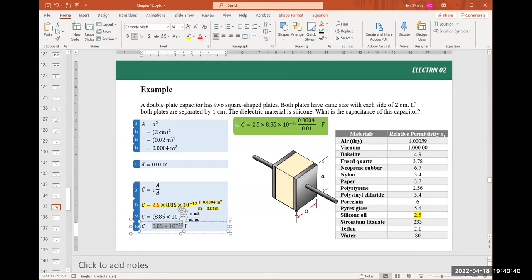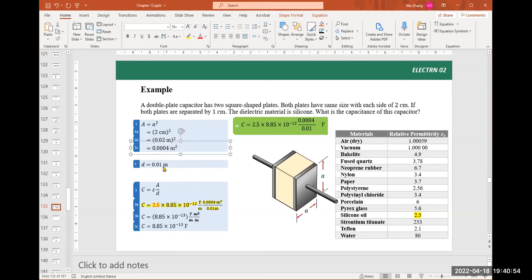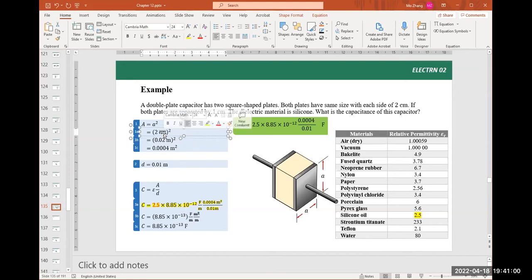The thing we need to be careful about is to always convert units to SI units. That will guarantee the answer is in the right direction. If you forget to change it, no matter how many steps we do, the answer is not right. So always change from centimeter to meter.